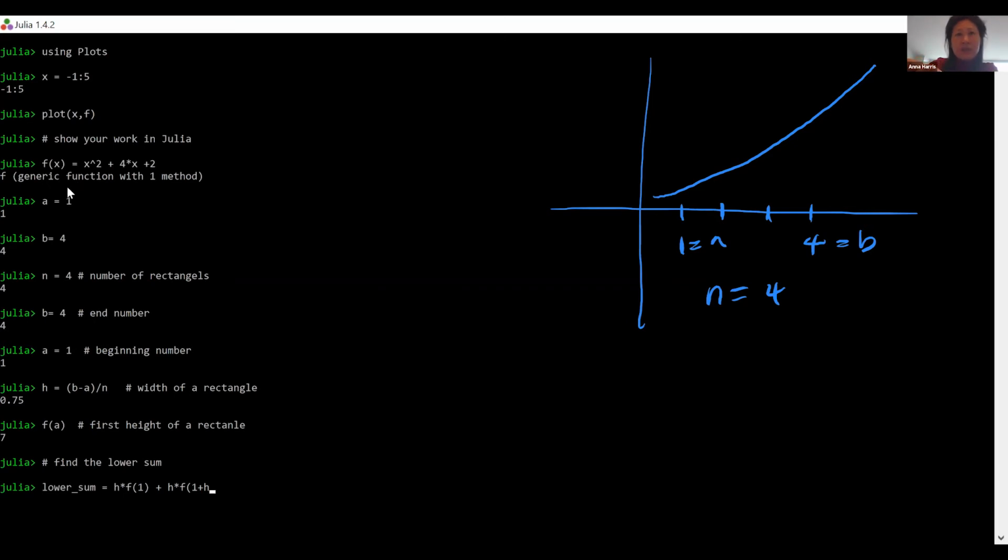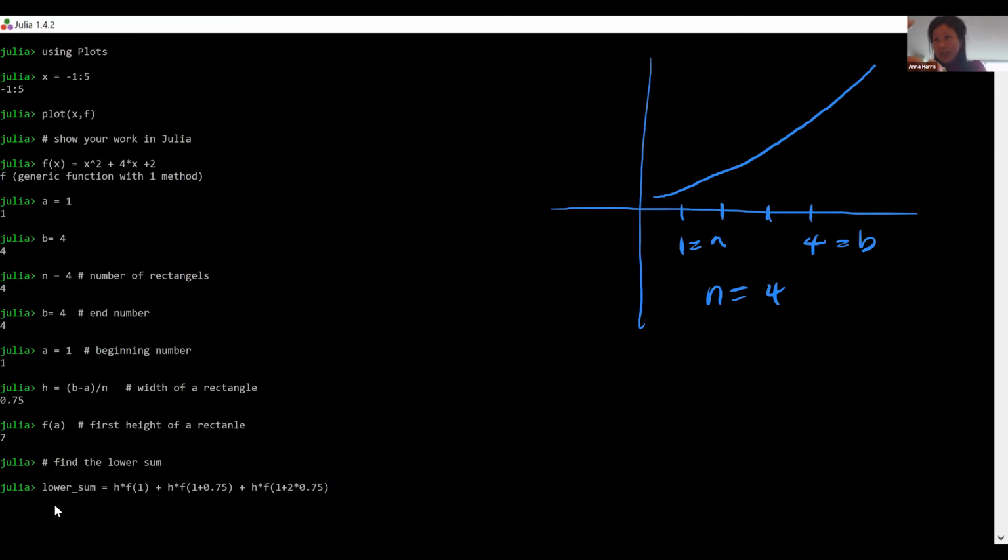Did I find the H yet? Yeah, right here, 3/4, 0.75, right? So you can add 0.75. What's the next one? H times F of 1 plus 2 times 0.75.